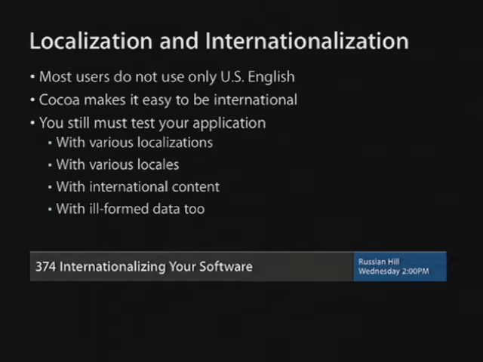You need to test with your localizations. You need to test with various locales, as we'll be discussing. You need to test with content that comes from other places that is in many different languages. And also, international content can stress different failure modes in your application. So things like that fuzzing testing, you should probably do it over again with international data.